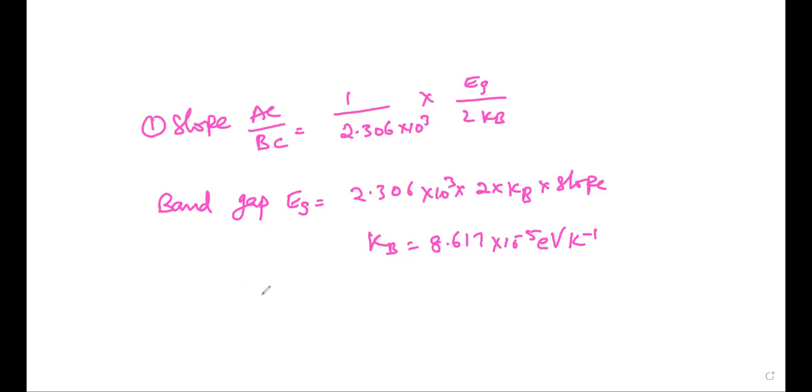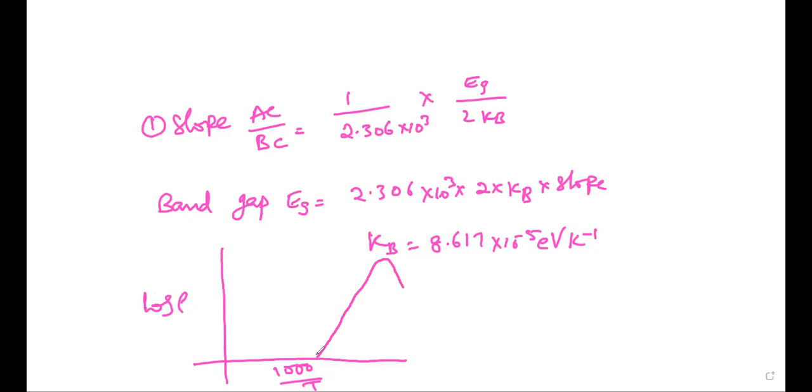So using the above graph, we draw a graph between 1000 by T along the x-axis and log rho along the y-axis, which is a straight line from a certain temperature, like this.